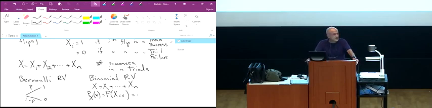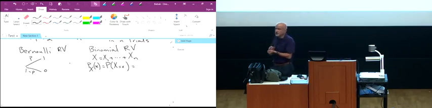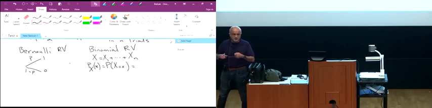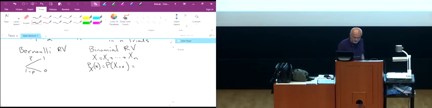So, talk to your neighbors. Tell me what you think. What is the probability that if I flip a coin n times, each time I measure a 1 or a 0, and then at the end I add up all these numbers? I have a bunch of 1s and 0s that I'm adding up, represented by these xi's here. So I have a new random variable, which is a sum of n Bernoulli random variables.